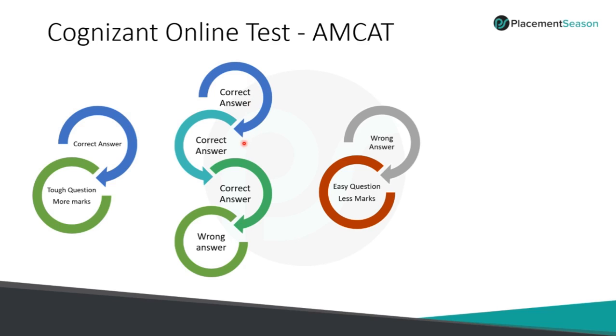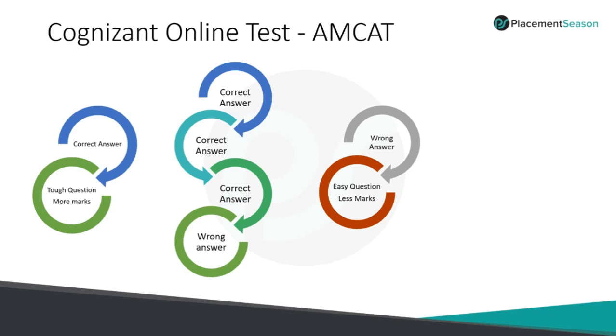If you answer this question correctly, the next question will be tough and will have 6 marks. And the next will have 7 and then 8. So 5, 6, 7. How much do you get? You get around 18 marks in 3 questions when you answer consecutively.